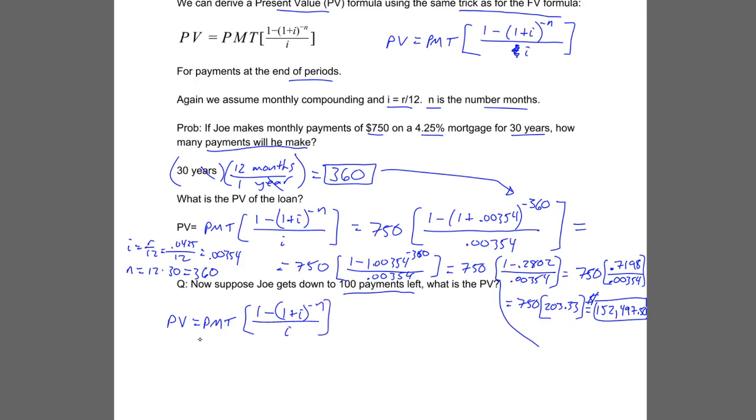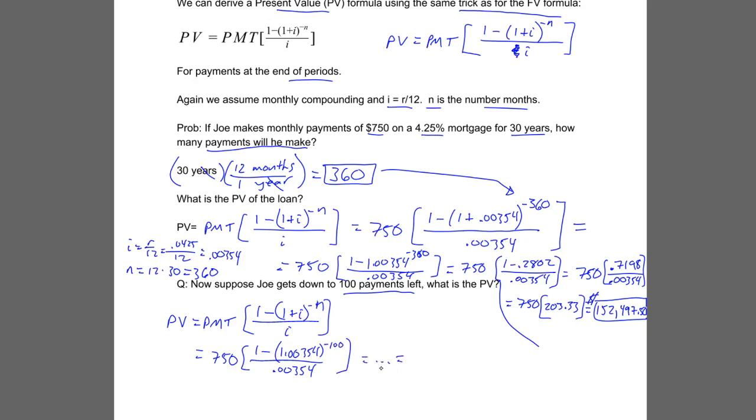The payment is still $750. And we know that it's 1.00354, and down here, 0.00354. But N now, instead of being 360, will be 100.